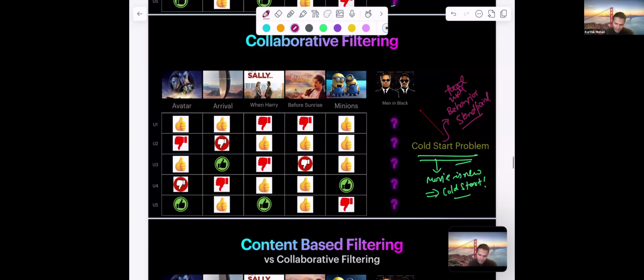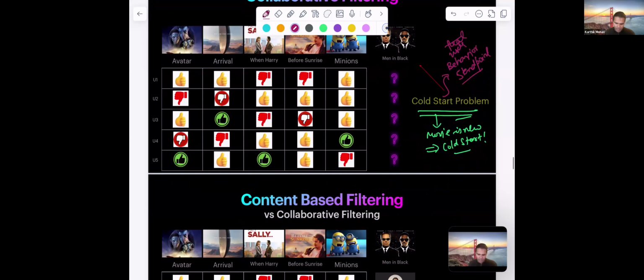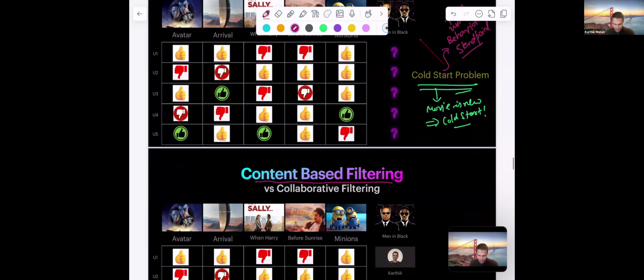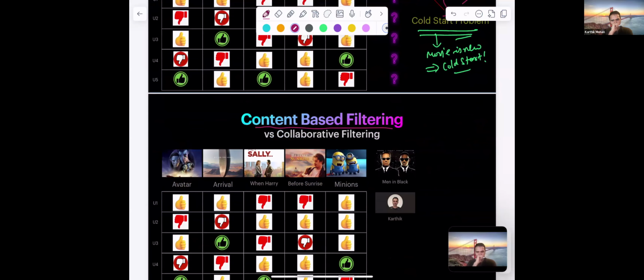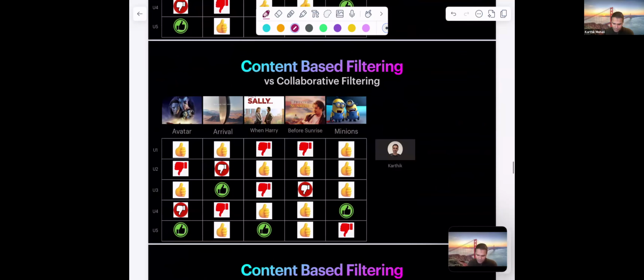So that's where the next idea of recommender systems comes in: content-based filtering, which is to use content about the movie and understand the movie in a specific content-based way, and then you can use that to make predictions, right?